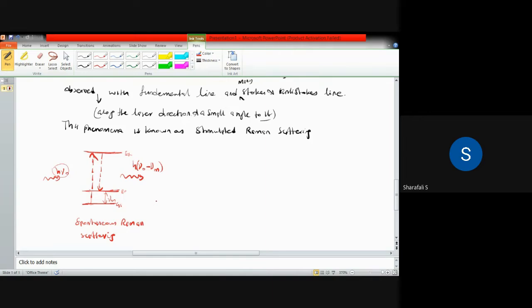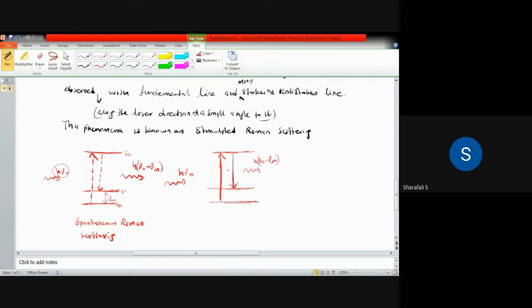But in the case of stimulated Raman scattering, what will happen if you have the same kind of energy levels? This incident radiation is coming, interacting with this molecule, so we will have this excitation, and the same phenomenon will happen here also. We will get h nu 0.